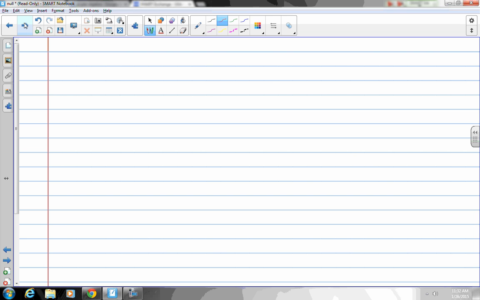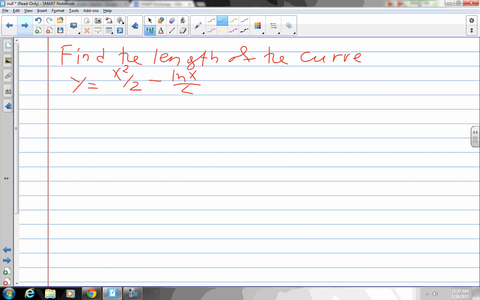Find the length of the curve y equals x squared over 2 minus natural log of x over 4, between 2 and 4.